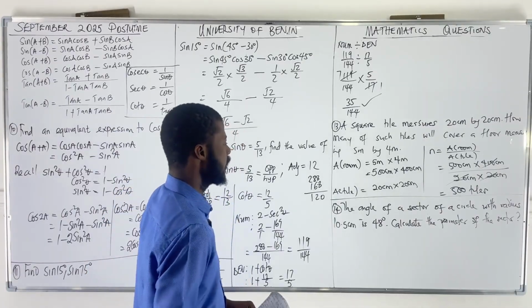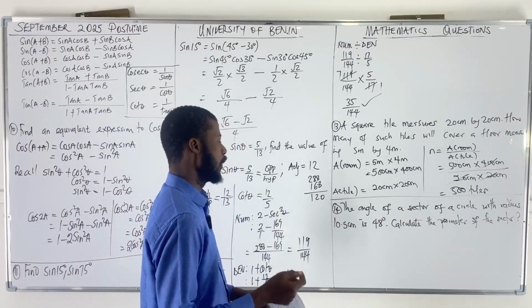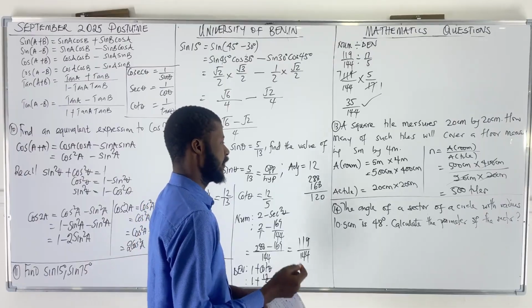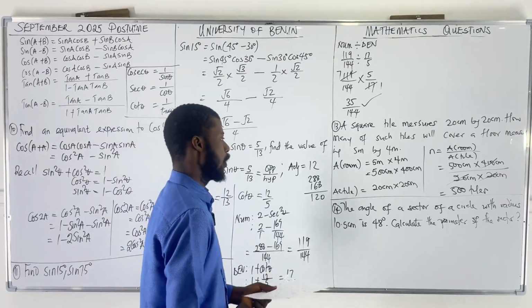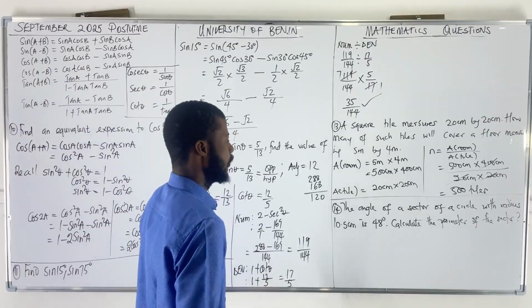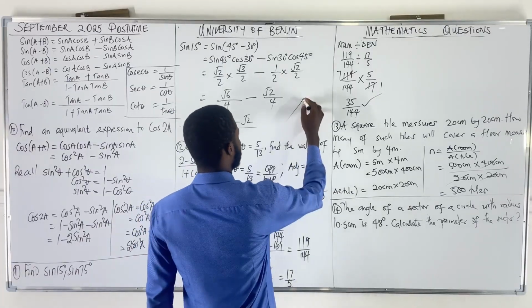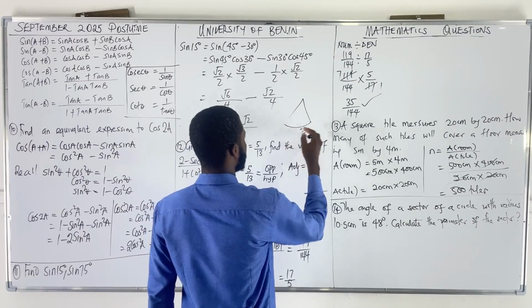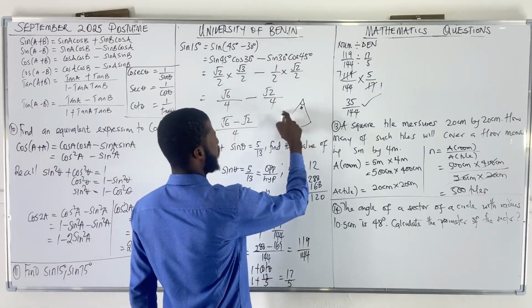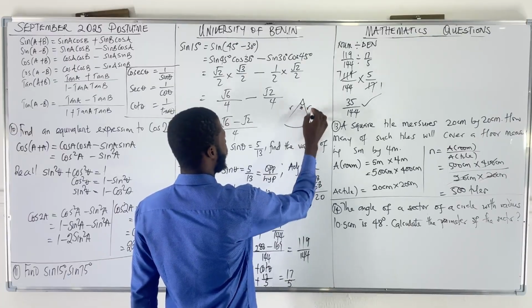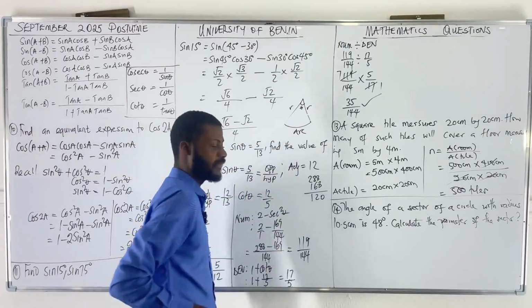Question 14 says the angle of a sector of a circle with radius 10.5 cm is 48 degrees. Calculate the perimeter of the sector. All right. So first of all, a sector is like this. So the perimeter of a sector is 2 radii, plus the length of the arc.